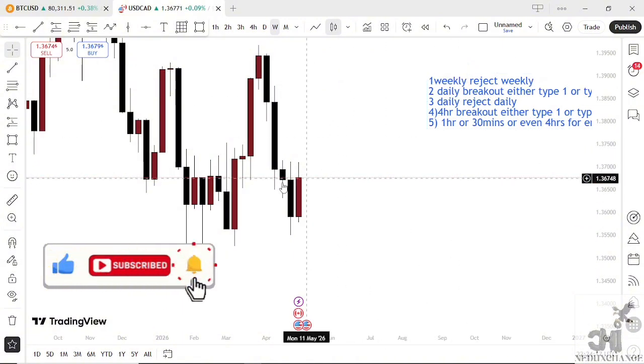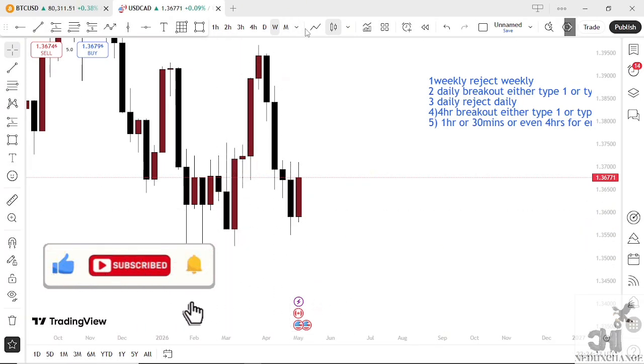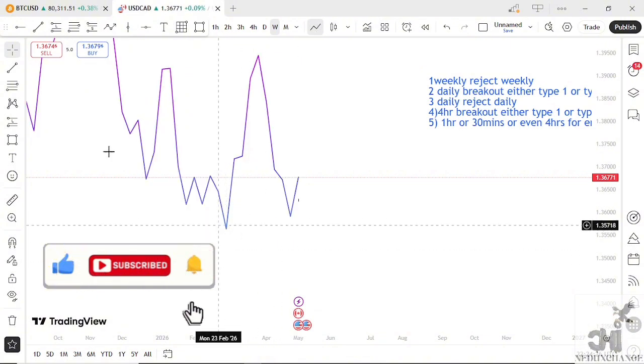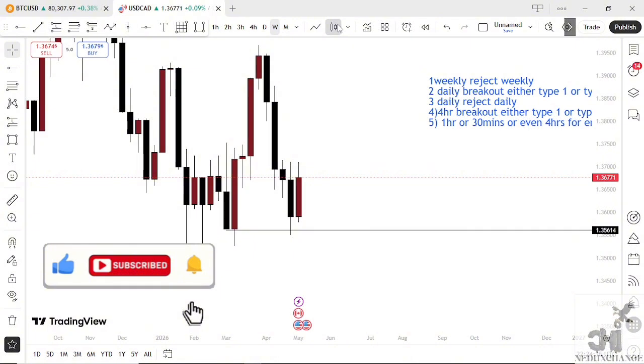So if you all know, this is a V level. This is a V-shaped key level. You see it's right there with that V. Now you've got your weekly with your weekly.